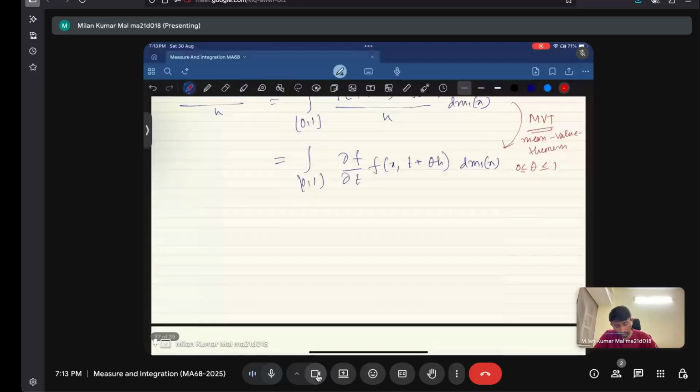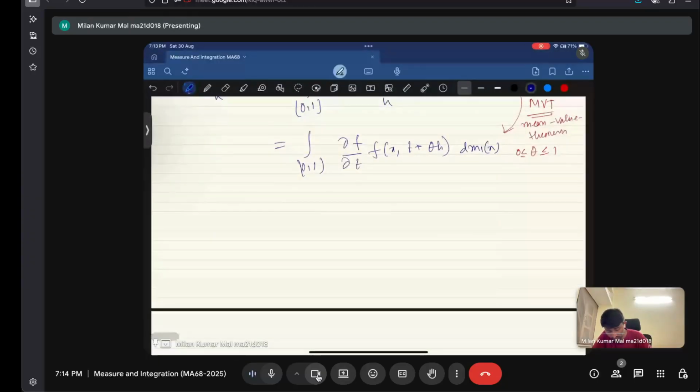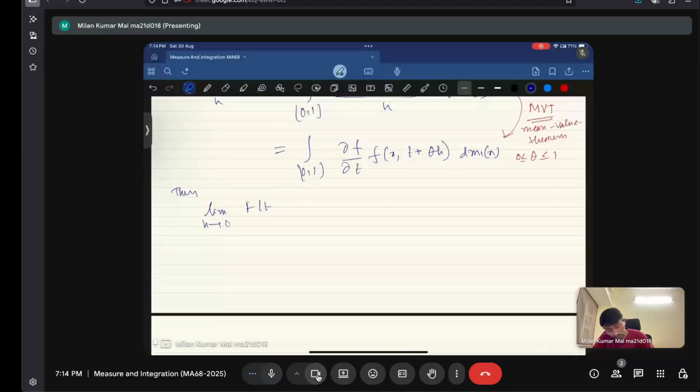Now I want to write the limit as h tends to 0 of this particular thing. The limit as h tends to 0 of (F(t+h) − F(t))/h is equal to the limit as h tends to 0 of the integral over [0,1] of ∂f/∂t (x, t+θh) dm1(x).